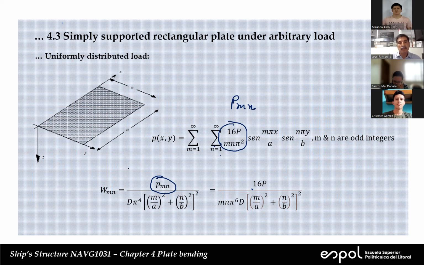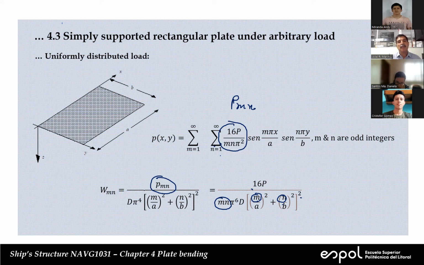Again, WMN is the amplitude, right? And you see that I have M and N in the denominator, and I have M and N to the 4th power in the denominator. So you see immediately that as you increase M and N in the denominator to the 5th power, this is going to decrease very rapidly.